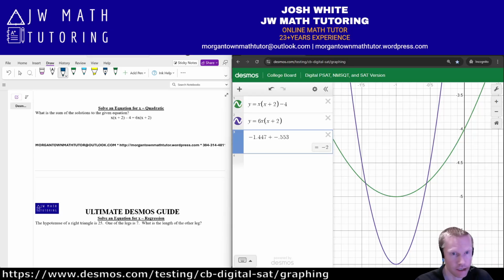Okay, I get exactly negative 2, which is the correct answer to this problem. So this one you have to do a little work in that you have to find the two solutions or intersection points. Then you definitely do have to take the step of adding them up.